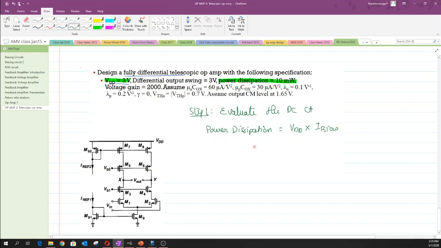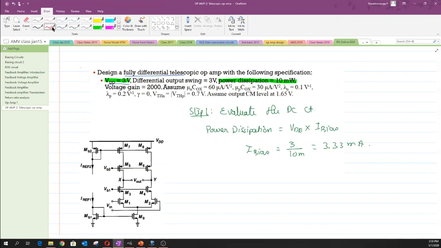We want the value of this I bias, which can be done simply by dividing 3 by 10 milliwatt, giving a current value equal to 3.33 milliamperes.